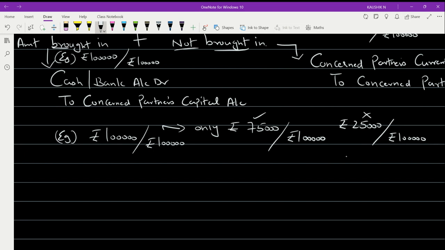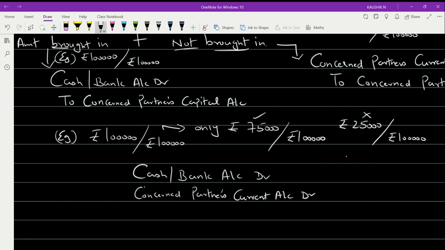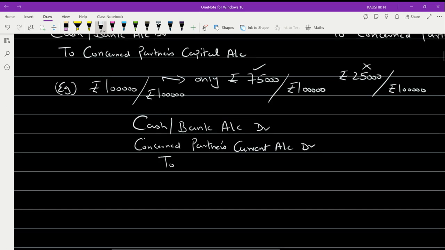Now, the entry will be in such a way: cash or bank account is debited, the partner's current account is debited, to the concerned partner's capital account.